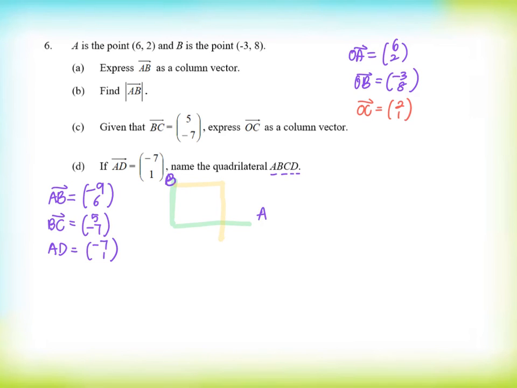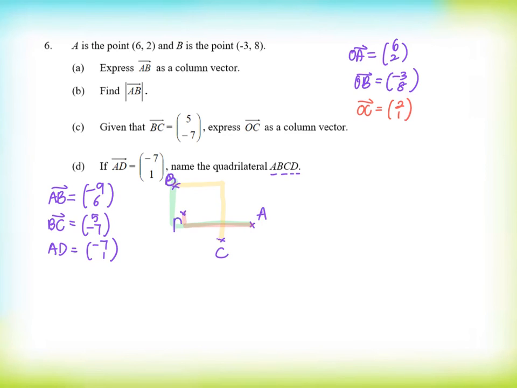So somewhere along here, this point will be C. And now they tell us that A to D is (-7, 1). So this one will tell me that point D is somewhere here.